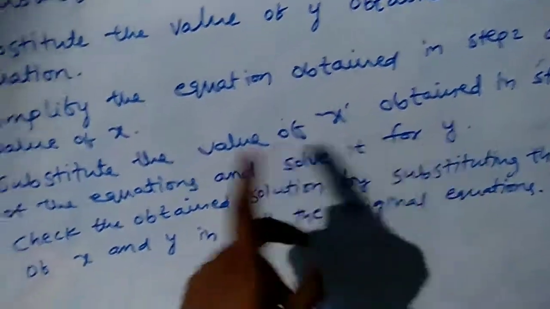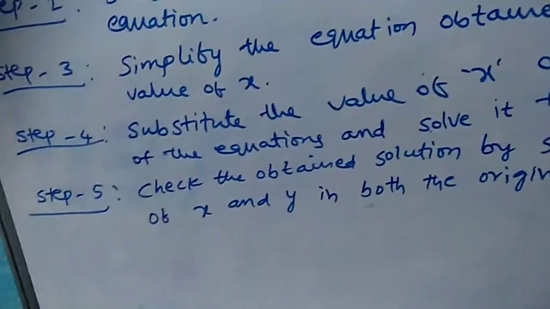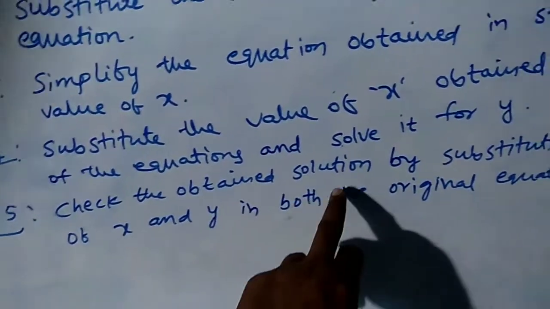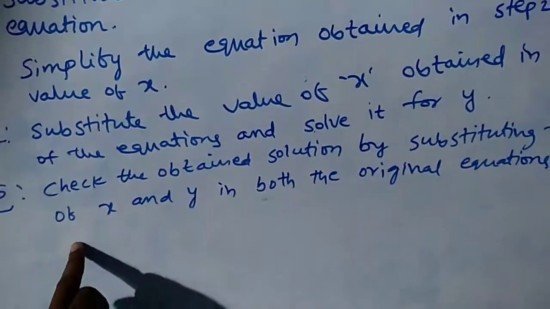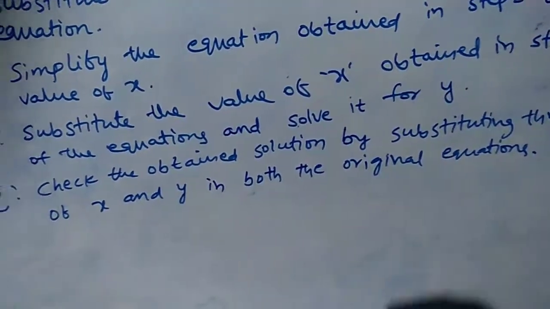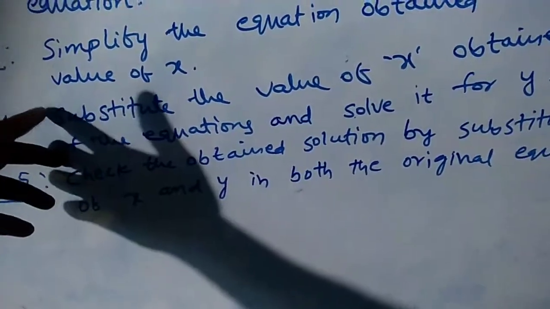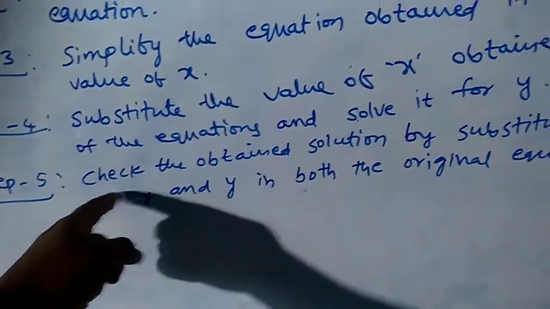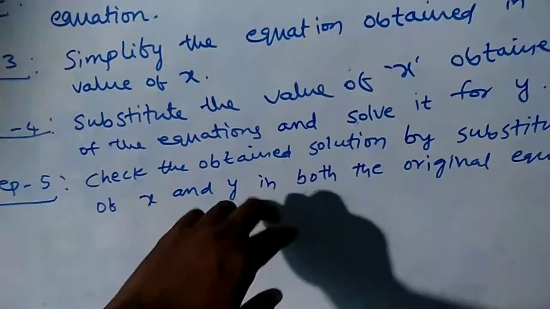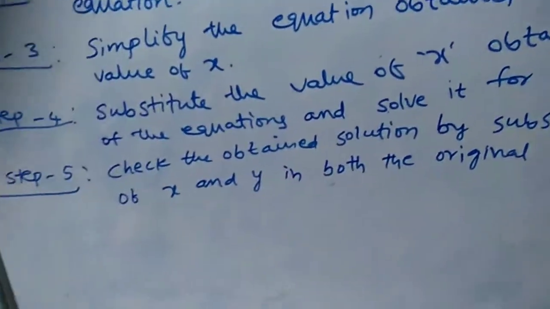Okay, after we get the x and y values, step 5 is to check the obtained solution by substituting the values of x and y in both the original equations. So here we are getting x and y values now, so we have to substitute, that means check the obtained solution, so that we know whether the x and y values are correct or not.